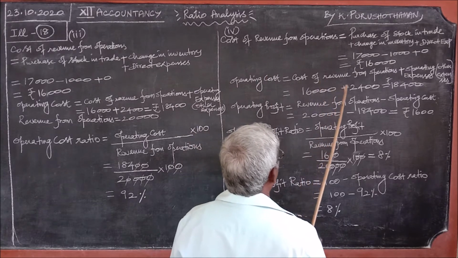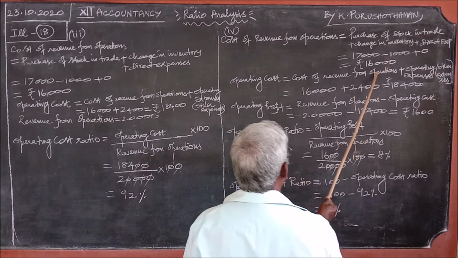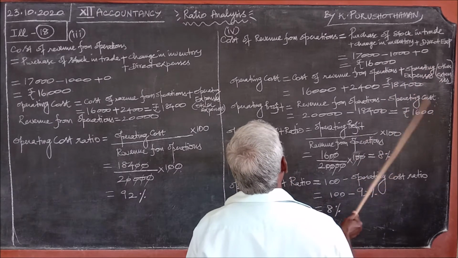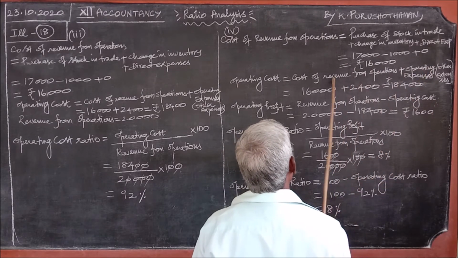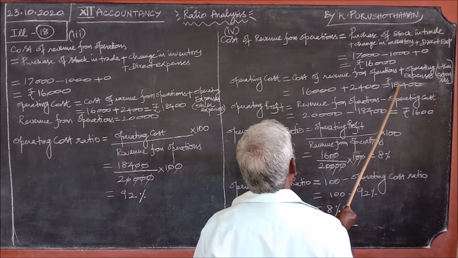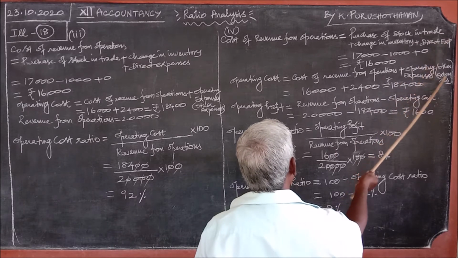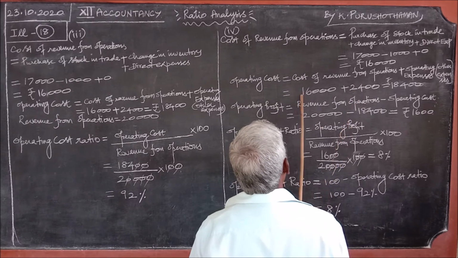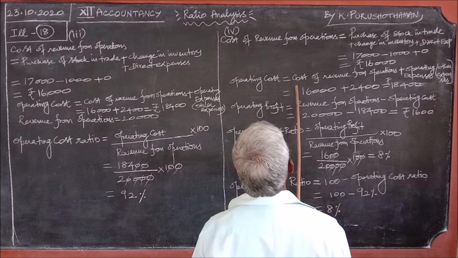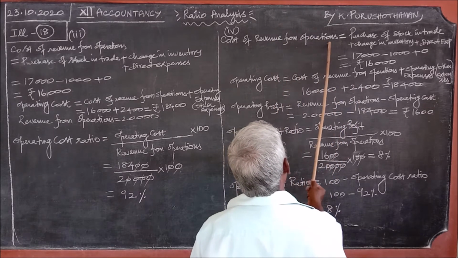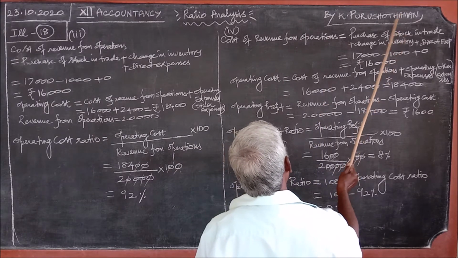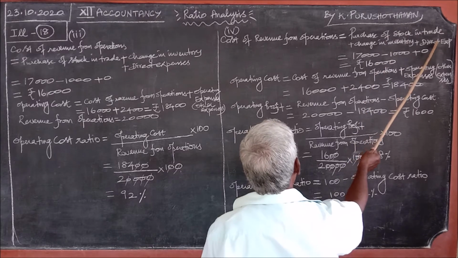That operating cost is equal to cost of revenue from operations plus operating expenses. If we know these two values, we can find the answer. Operating expenses or other expenses are given here straight away. Then how did we get 16,000? Cost of revenue from operations consists of three terms: purchase of stock in trade, change in inventory plus direct expenses.